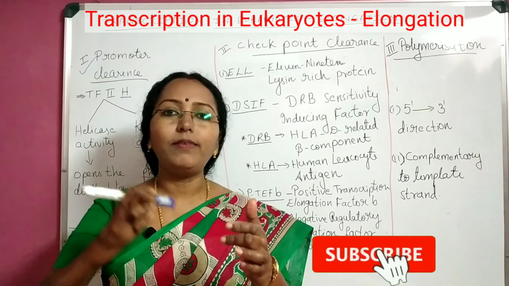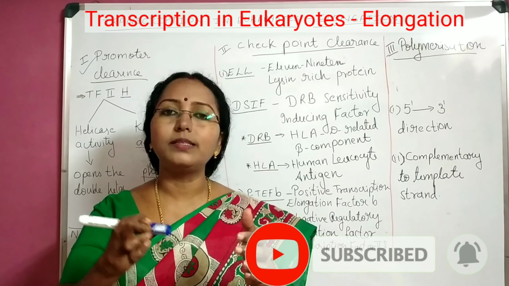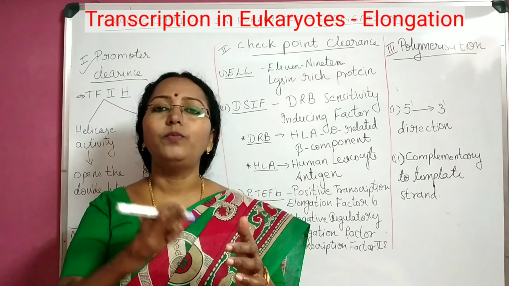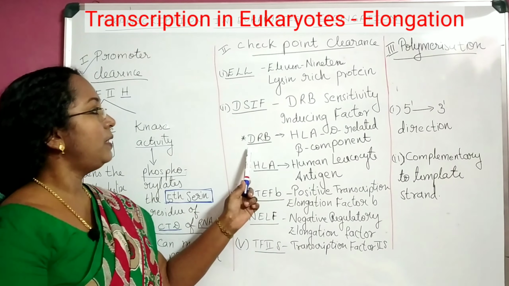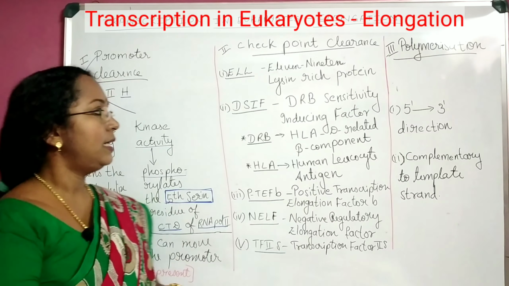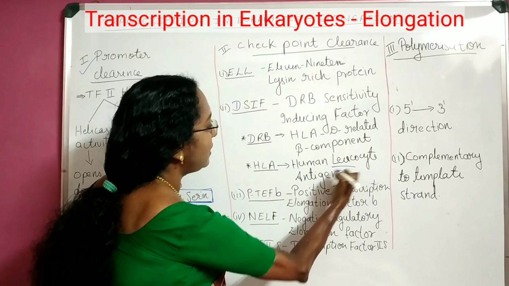And that can have an alpha as well as a beta part. If it has beta, you call it DRB. If it has the alpha component, we call it DRA. So here DRB is the HLA D-related beta component. HLA stands for human leukocyte antigen.